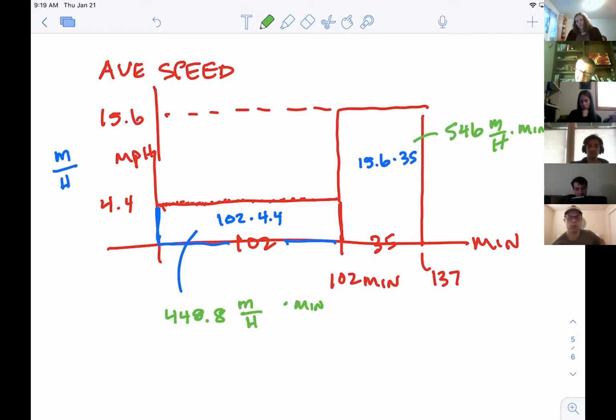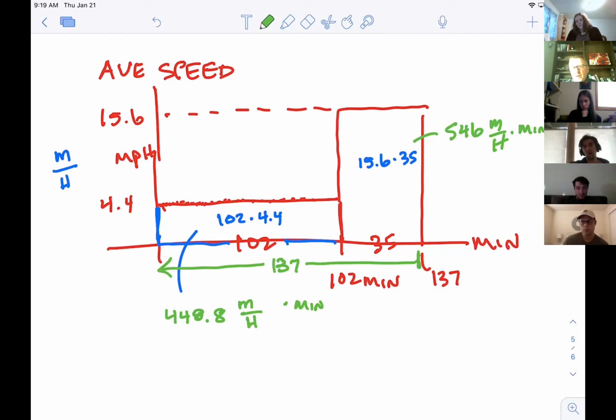So if I come back and I add those two together to get the area, now I have the area under the curve, but then I divide by the fact that this whole distance all the way over here is 137. I'm dividing my area, which is miles, by my time, which if I had changed it into hours, it'd be miles per hour.